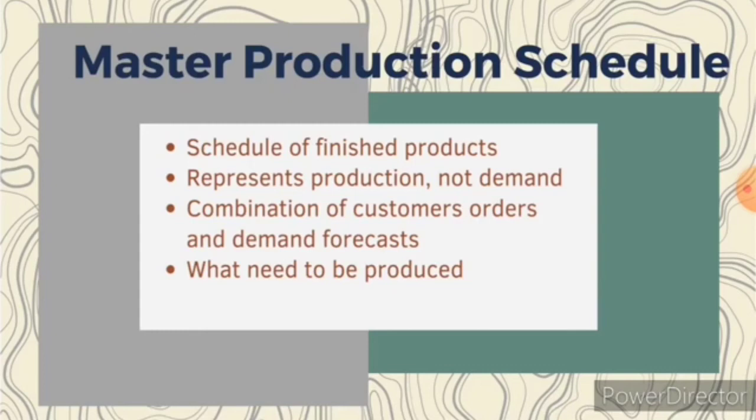So the MPS is comprised of the customer's orders or from forecasts of demand, or sa both. And ang MPS is the key input which drives the MRP program, as it tells what the company intends to produce. So just like what I have said earlier, ang MPS is the general information nga atong gamiton when we proceed to the material requirements planning.